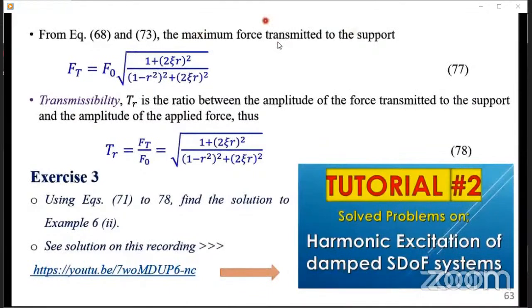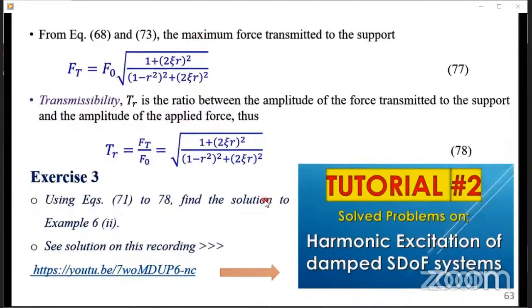So from equation 68 and 73, we are going to get Ft to be equal to F naught, all that. And we define a ratio, we call it transmissibility, as the amplitude of the force transmitted to the support over the amplitude of the applied force. So the transmissibility ratio, TR, is equal to Ft over F naught, is equal to the square root of that.